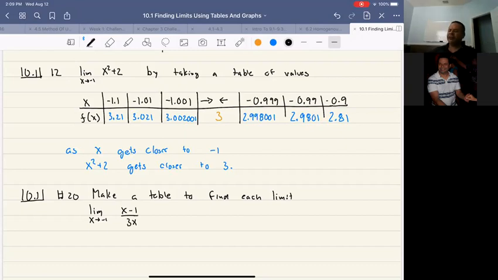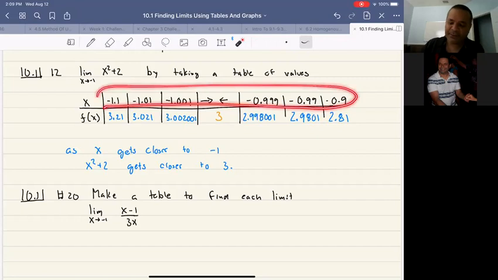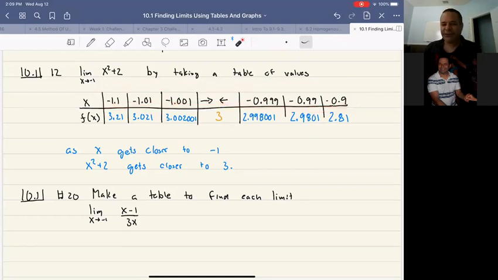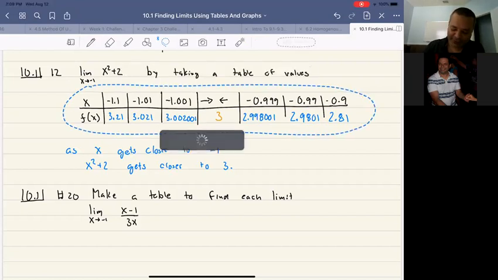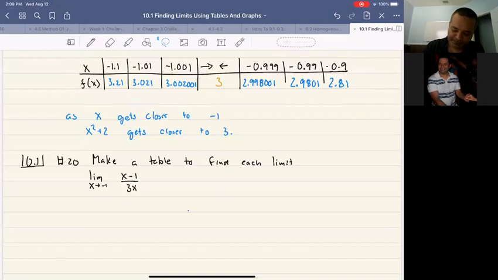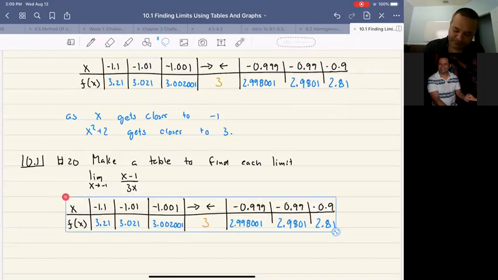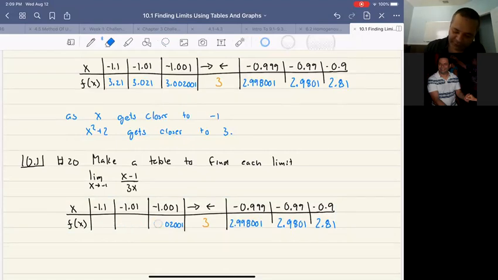This time we're going to do the same sort of thing, except this time we're not given the x values. In the first problem, we were given these x values. This time we have to make them up. Still not a big deal. We can use pretty much a very similar table, which I will do. So much so that I'm going to copy it and erase my y values.